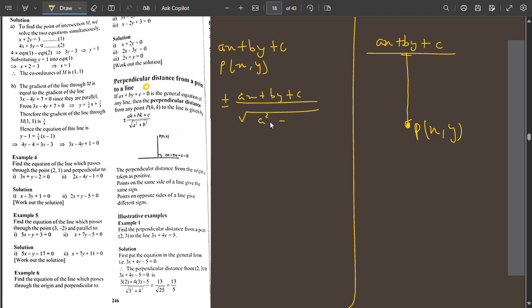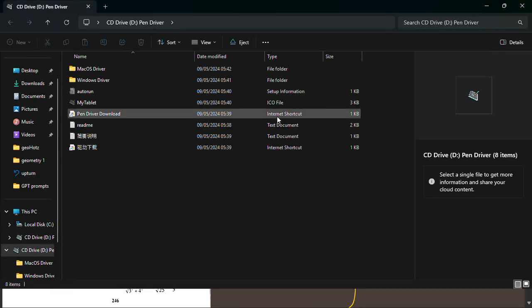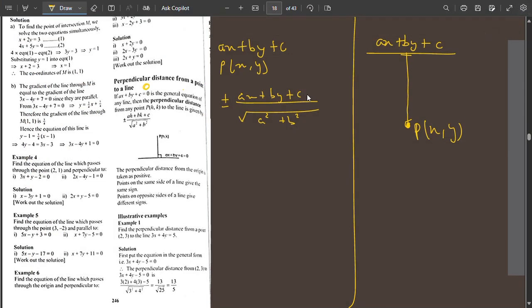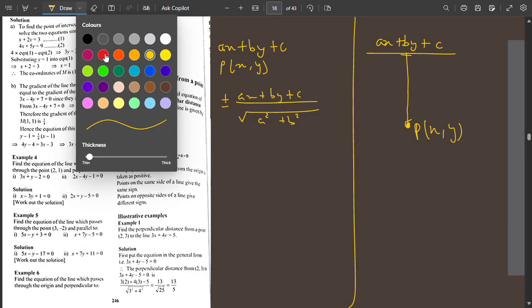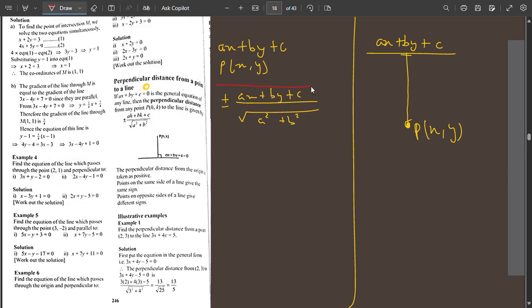So a squared, that's the coefficient of x, then plus the coefficient of y also squared. Let's see how we use it. We have to memorize it, so I'll put it in a red bar. Please memorize this formula.